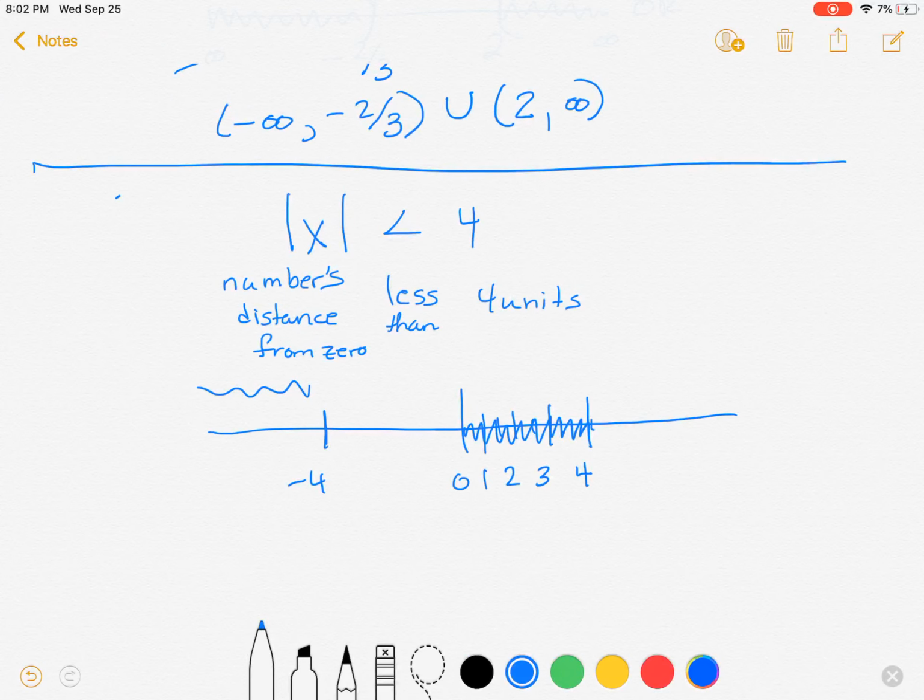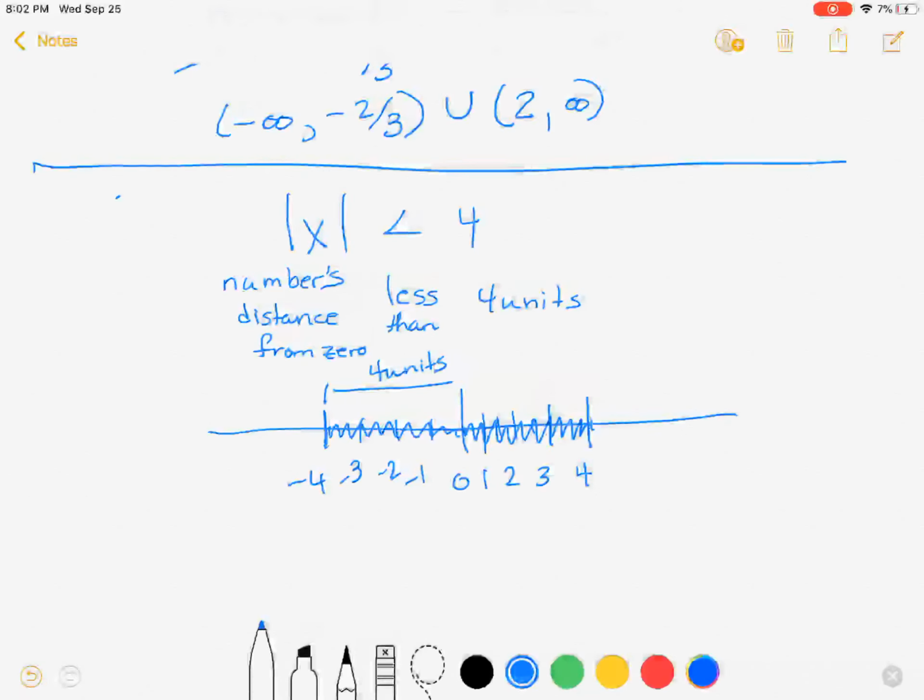So that distance back here is actually getting bigger and further away from 0. So the actual distance where it's getting smaller is somewhere in here. Because if this is a distance of 4 units, then this would be a distance of 3 units, which is smaller than 4. That would be a distance of 2 units, and that would be a distance of 1 unit.